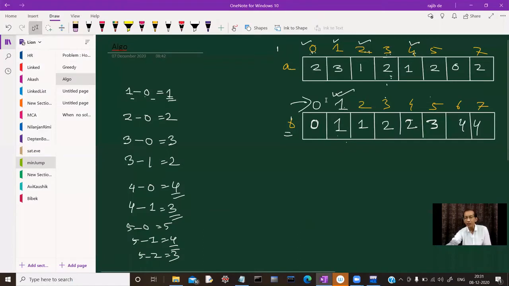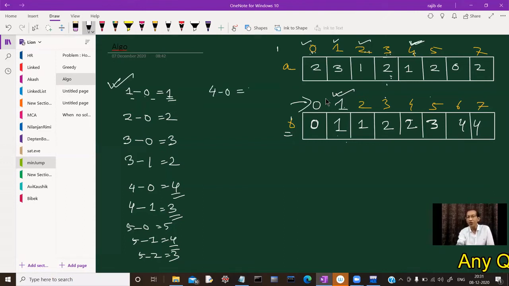Now again come to that condition that you can remember we were checking. Is it possible, for example, to reach 4 starting from 0? So how many jumps do you require? 4 minus 0 is equal to 4. Is it there at that location?